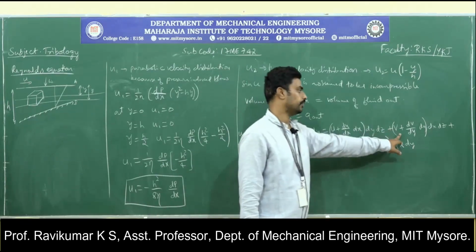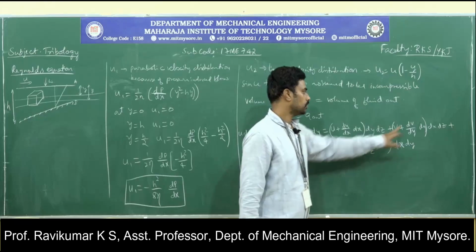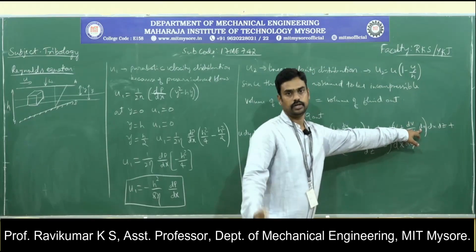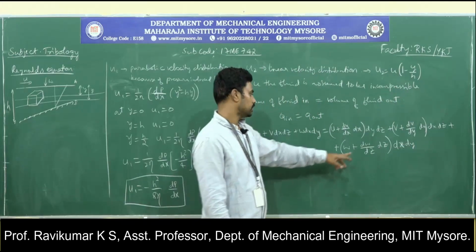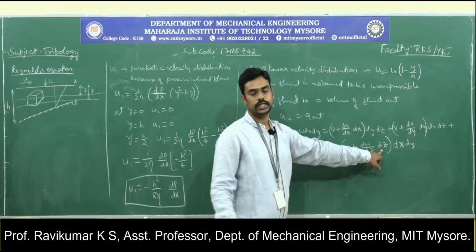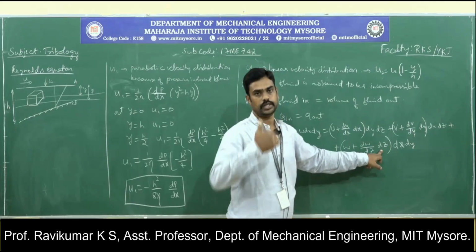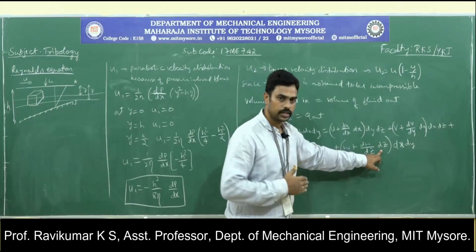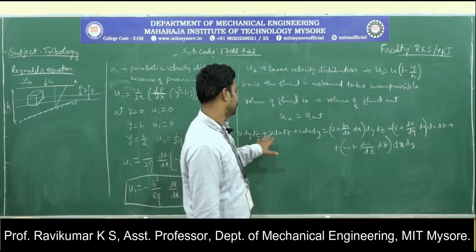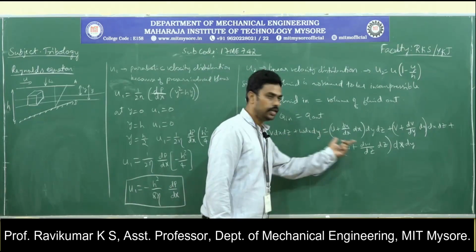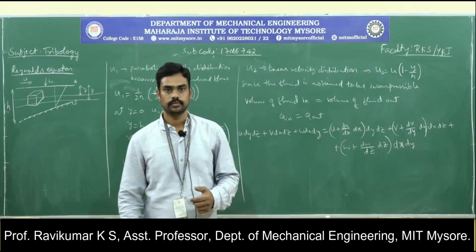The same thing happens with v as well as w. So dv by dy into dy will be the variation of velocity along the distance dy. Similarly, dw by dz into dz will be the variation of velocity along the distance dz. So this is the equation, Q in is equal to Q out.